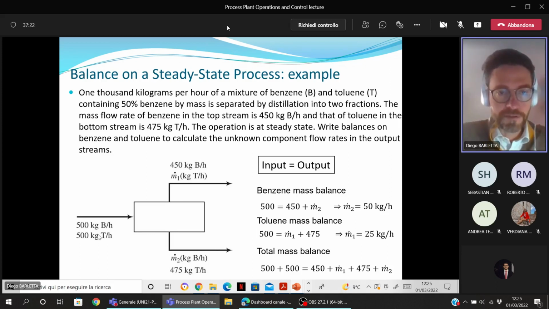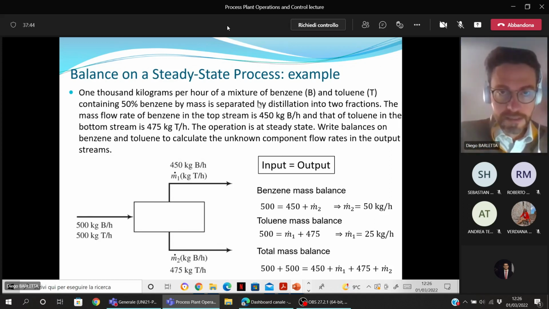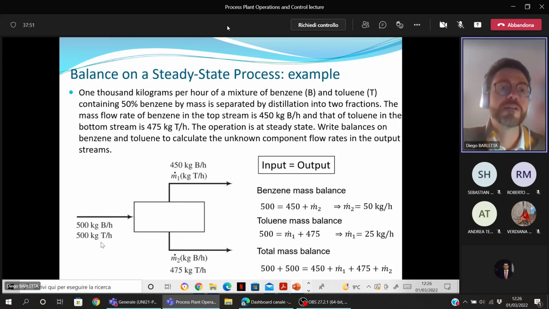We have the input entering and two output streams, one on the top and the other on the bottom. From the information that we have, 1,000 kilogram per hour, and we know that 50% benzene by mass is entering. So this means that of the 1,000, we have 500 kilogram of benzene and 500 kilogram of toluene per hour.